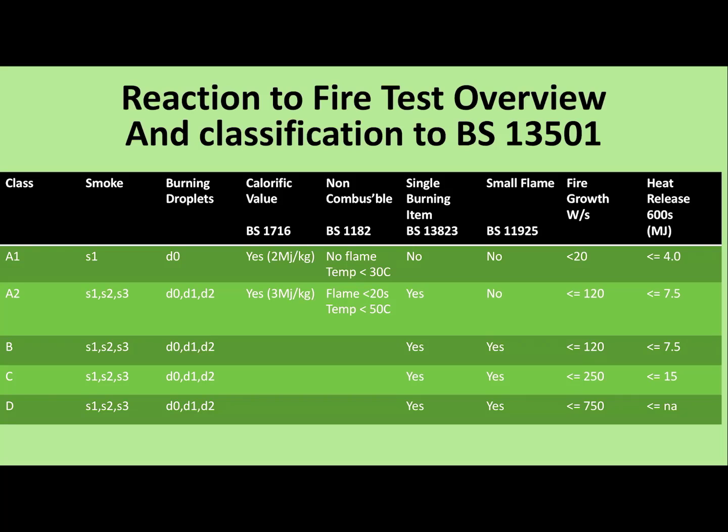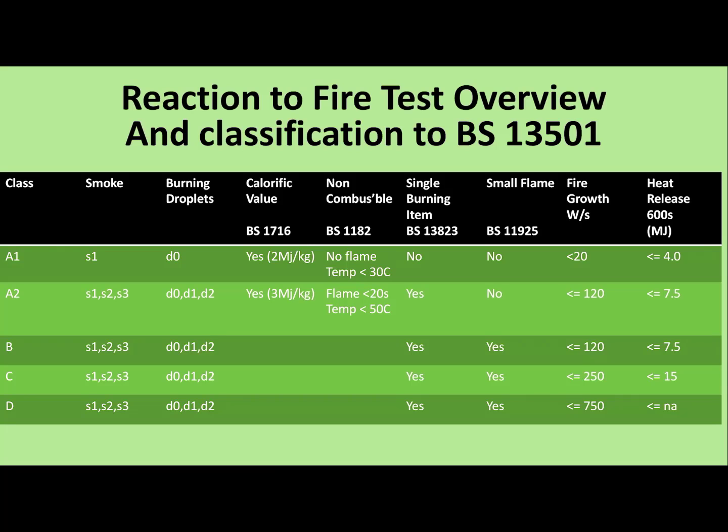Small flame test, again, no and no for A1 and A2, but it is tested for B, C and D, and like I said, it's a pass or fail test. Otherwise you can't progress onto the single burn item test, the SBI test.